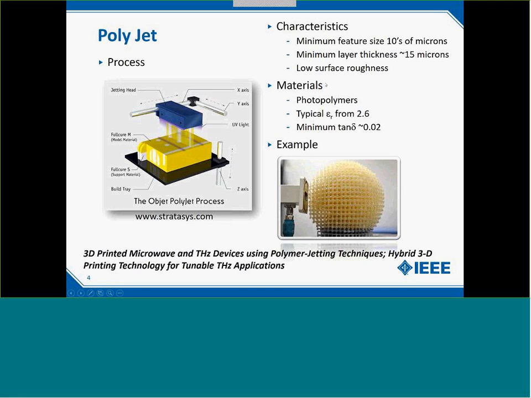One of the main drawbacks, though, is that because you're using photopolymers, which are UV cured, they tend to have a slightly higher loss tangent, typically around 0.02, as compared to the thermoplastics, which can have loss tangents which are an order of magnitude smaller than this. But you can demonstrate some very nice wave structures, such as this Eaton lens, which is shown in this diagram, and many other devices are demonstrated in the two papers that are listed at the bottom of this slide.